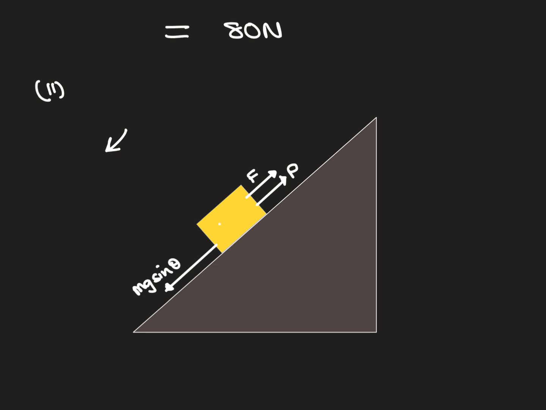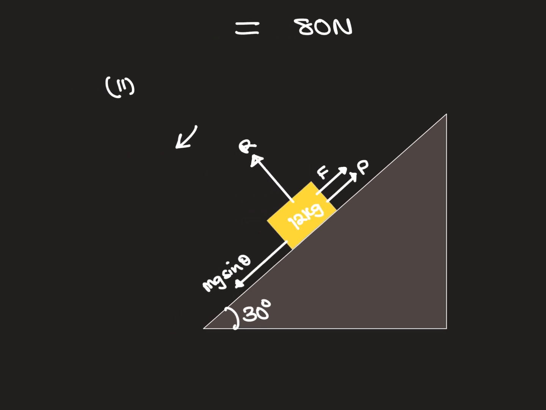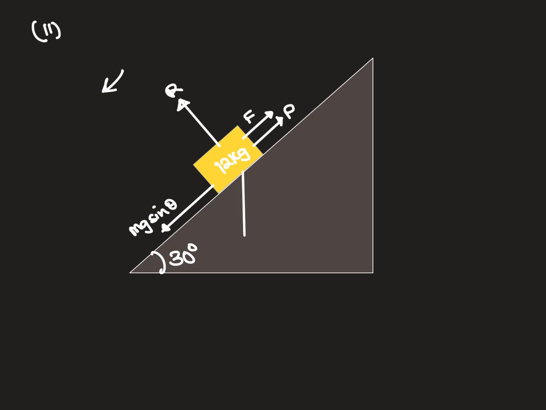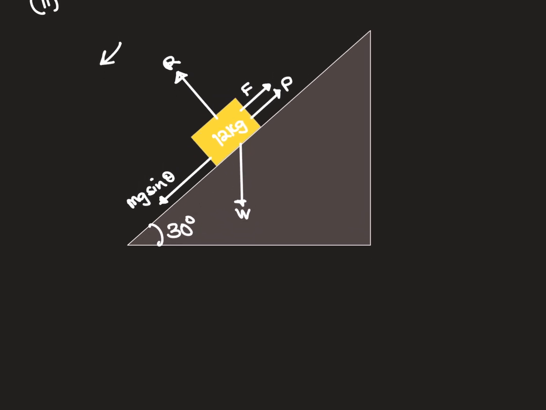The mass is 12 kilograms. The angle of inclination is 30 degrees to the horizontal. The normal reaction is indicated here as R, and we have the weight, W. We are still dealing with limiting equilibrium.